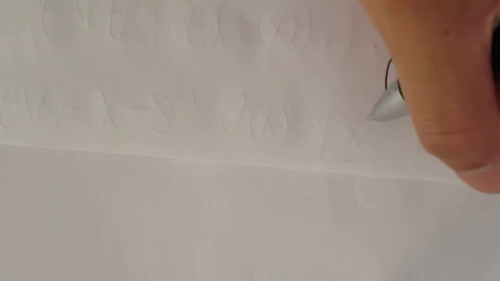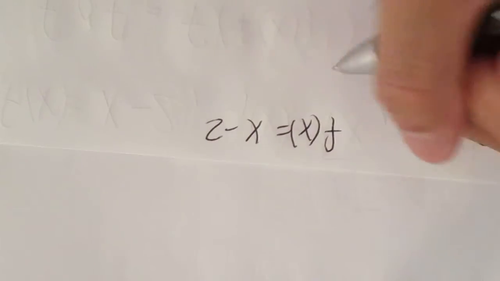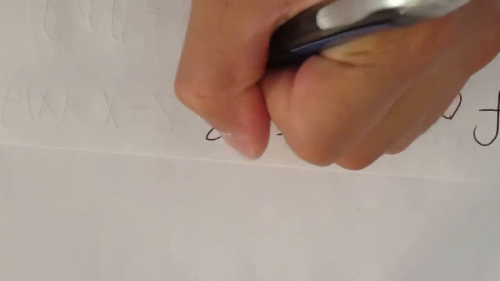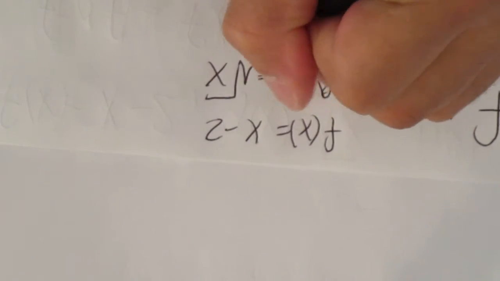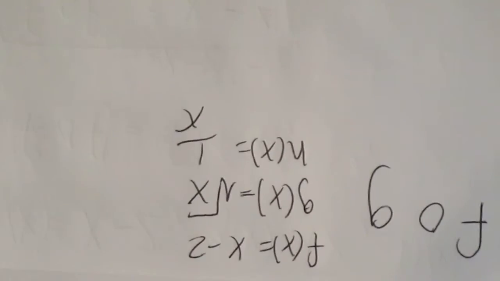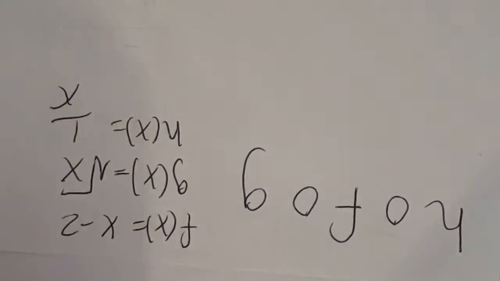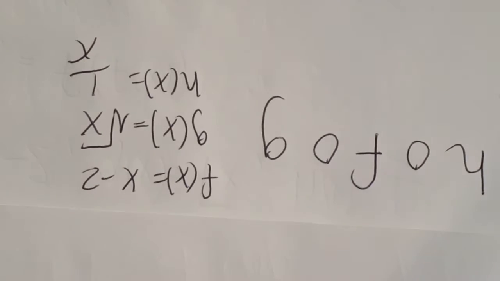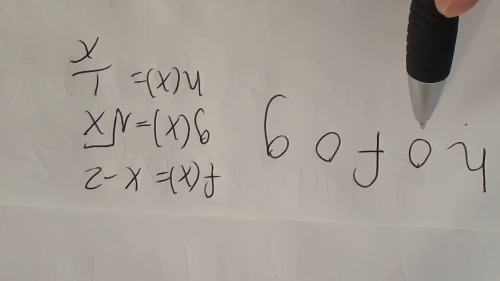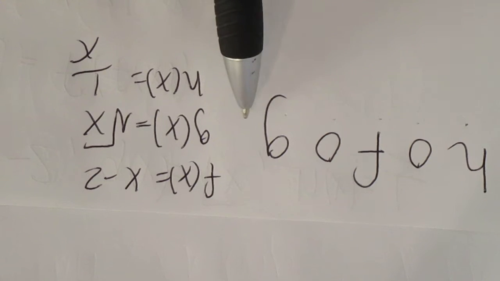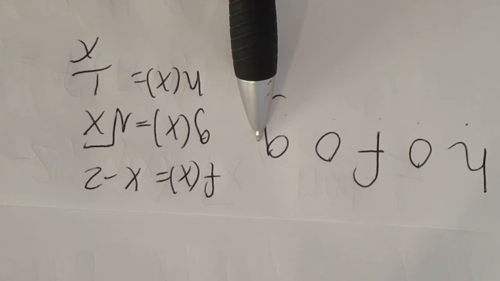And we'll use the same problem, so f of x equals x minus 2 and g of x equals square root of x, and h of x equals 1 over x, right? So we're doing h of f of g. So whatever this one is, we have to always start on the right hand side.